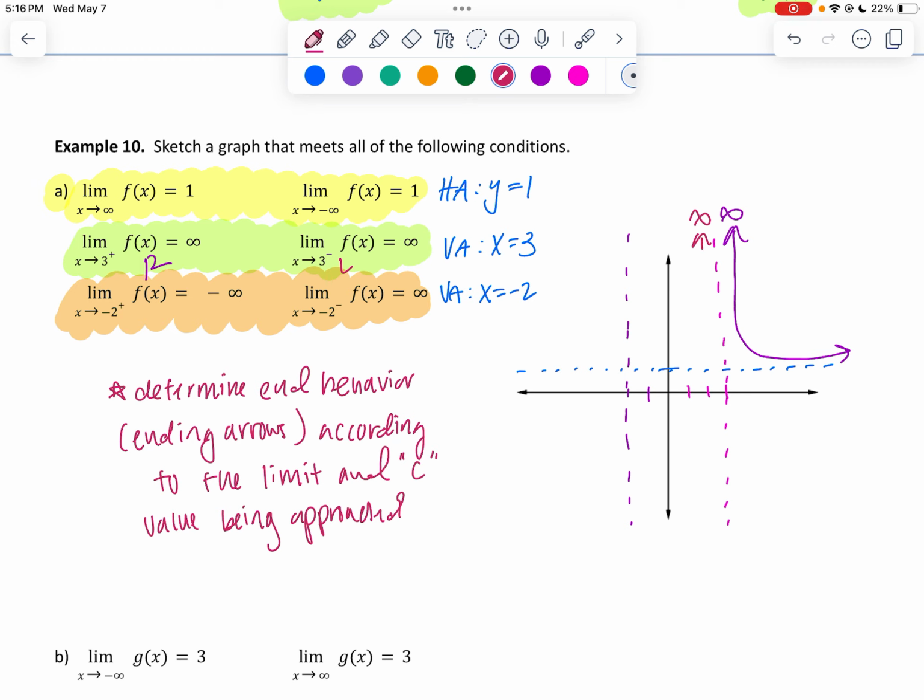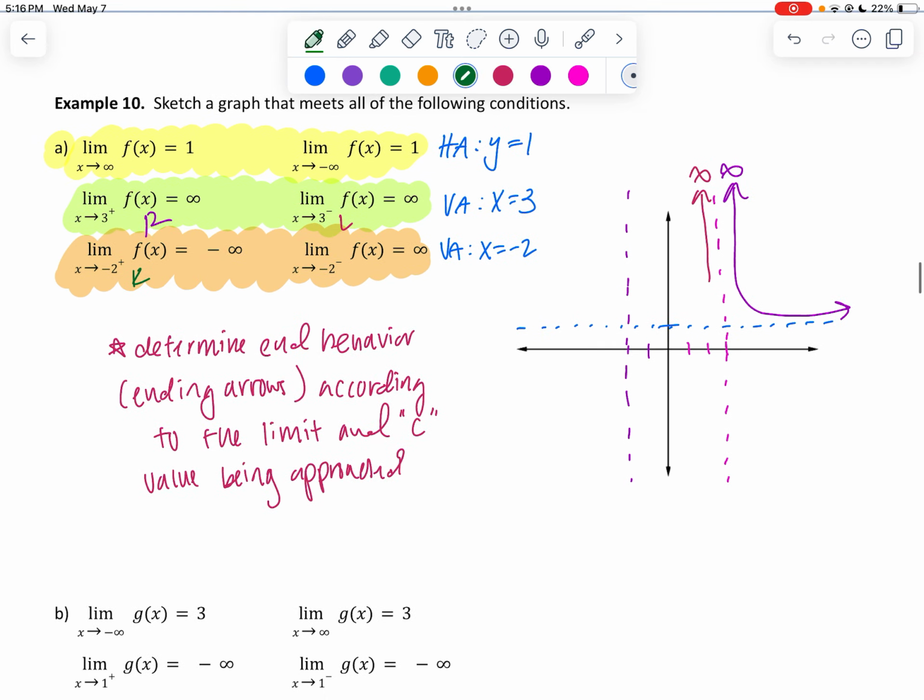I'm going to start graphing it, but I'm not sure exactly where it goes because I have to look at my next asymptote, which is at x is equal to negative 2. So I'm going to look at this one. The limit as x is approaching negative 2 from the right is going to be negative infinity. So to the right of x is equal to negative 2, there's my arrow right there.